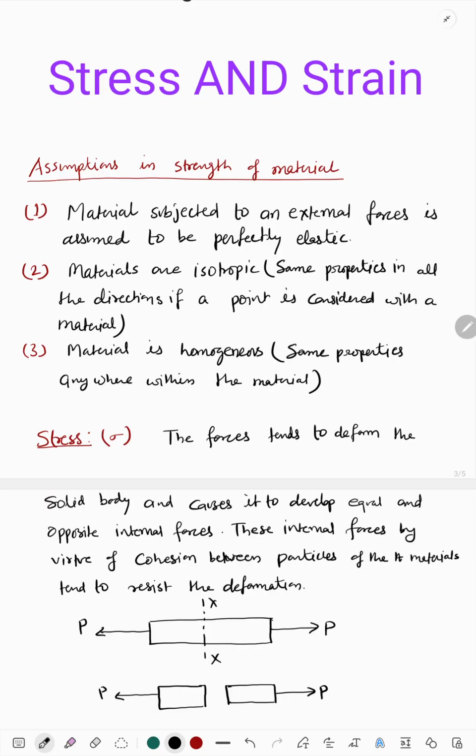Against this load, internal forces will develop. In the same way, on this member also internal forces will develop at the section XX, and this phenomenon happens over a cross sectional area.